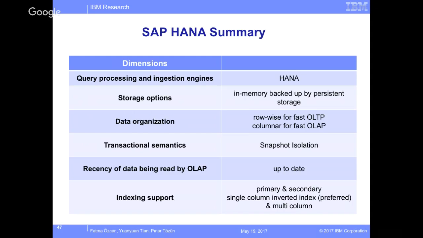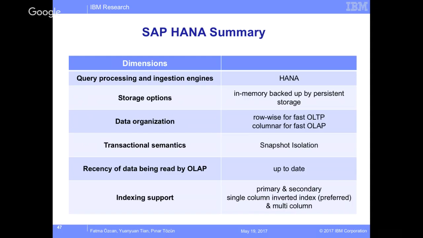Row-wise, if you have tables that are used for OLTP, you would want them in row format, whereas the engine is mostly optimized for the columnar format, and that is more for OLAP and the HTAP portion of things. And for transactions, it's mostly an ACID system, but as far as I know, snapshot isolation is the highest level of isolation.